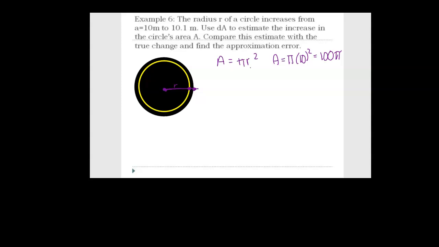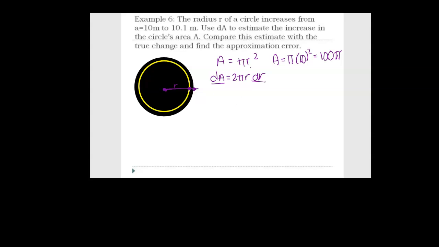If I want to compare or find the changing area with respect to the changing radius, I have dA equals 2 pi r dr. So that's the change in area with respect to the change of the radius. So do you see how instead of having to do like dA dr and multiplying it, now we're talking about the change in the area and the change in the radius, keeping them to their variable sides.